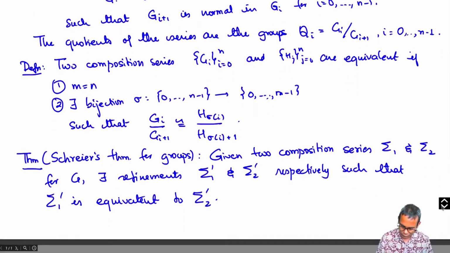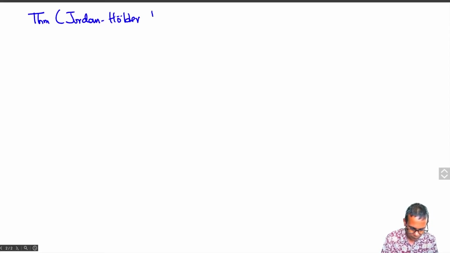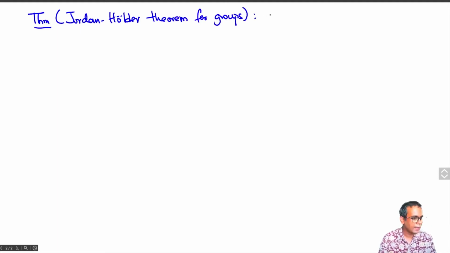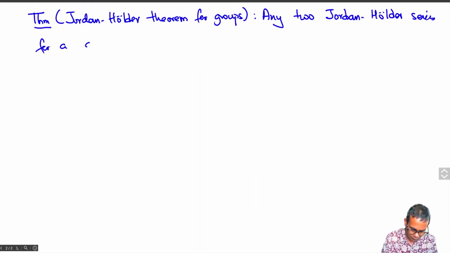And then we can talk about the Jordan-Holder theorem for groups. So this says that any two Jordan-Holder series for a group are equivalent.